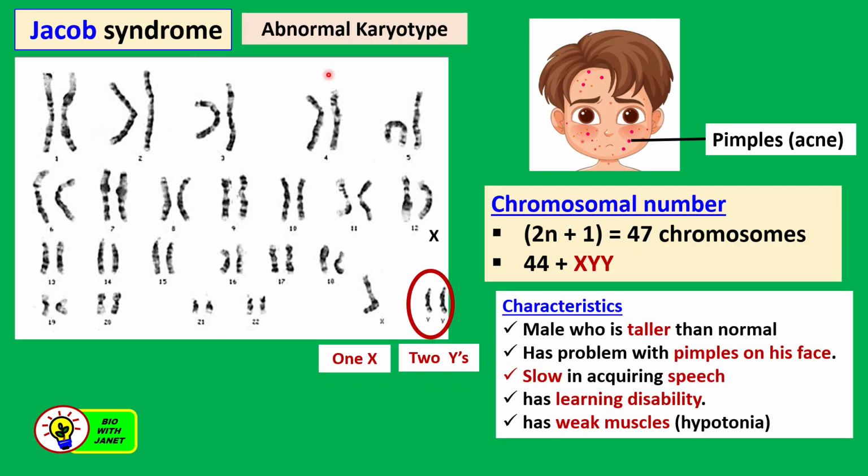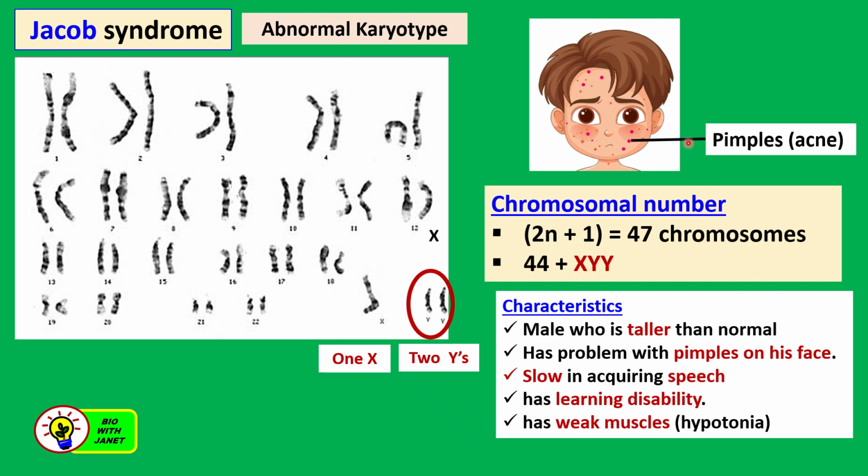How about the karyotype? In the karyotype, there are 44 normal autosomes, and the abnormality is that the child has an extra Y chromosome: one X chromosome and two Y chromosomes, right? With the extra Y chromosome, extra genes cause abnormalities and symptoms as follows. The male is taller than normal and has a problem with pimples on his face.